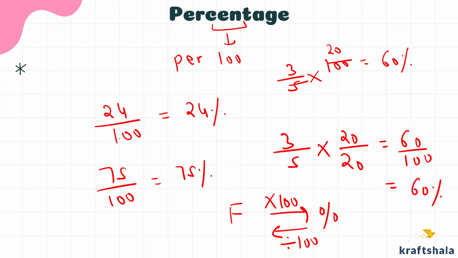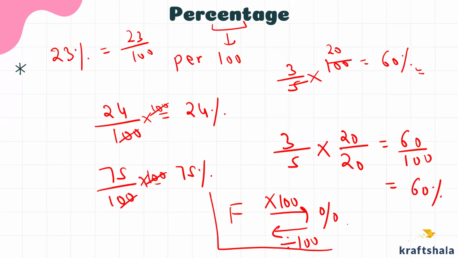That is what I did. Fraction को percentage, I multiplied by 100. Isn't it? Same thing here. 23%. Percentage into fraction, 23 by 100. Clear? So this is the most basic thing you all must be knowing.